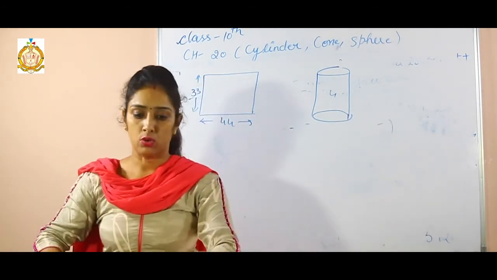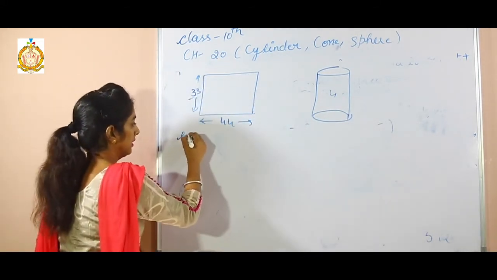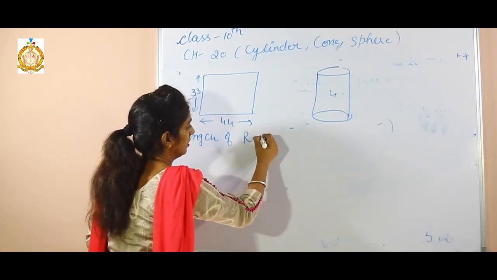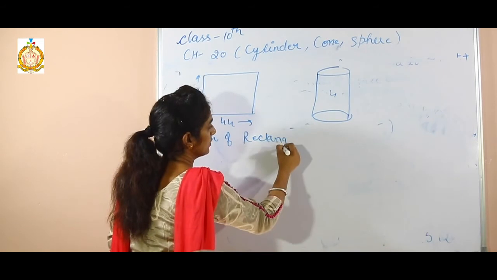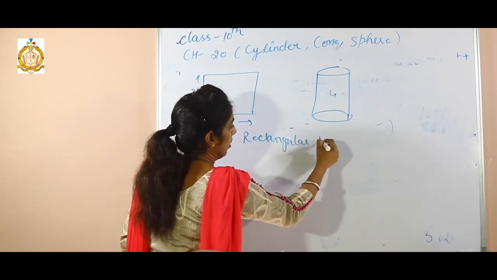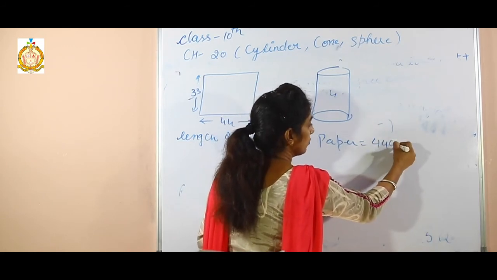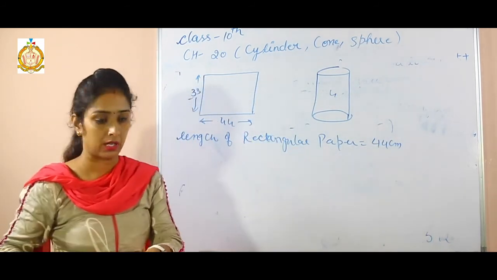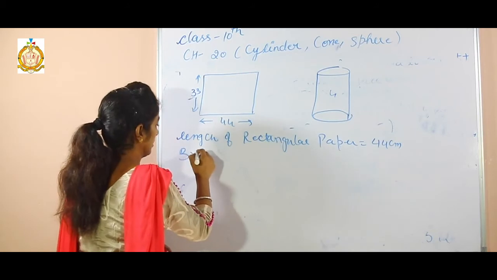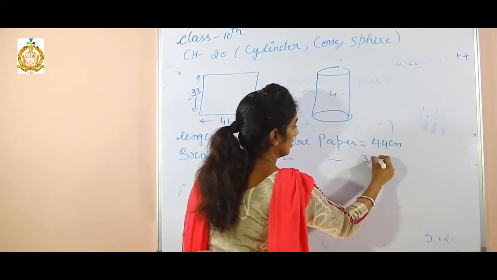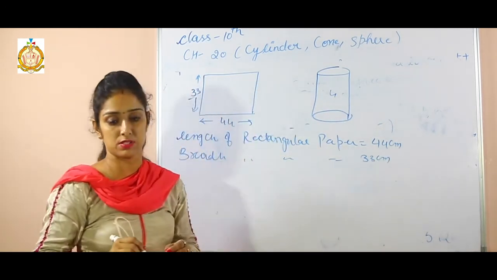Now here the length of the rectangular page or paper you can say is 44 centimeter and breadth is 33 centimeter.